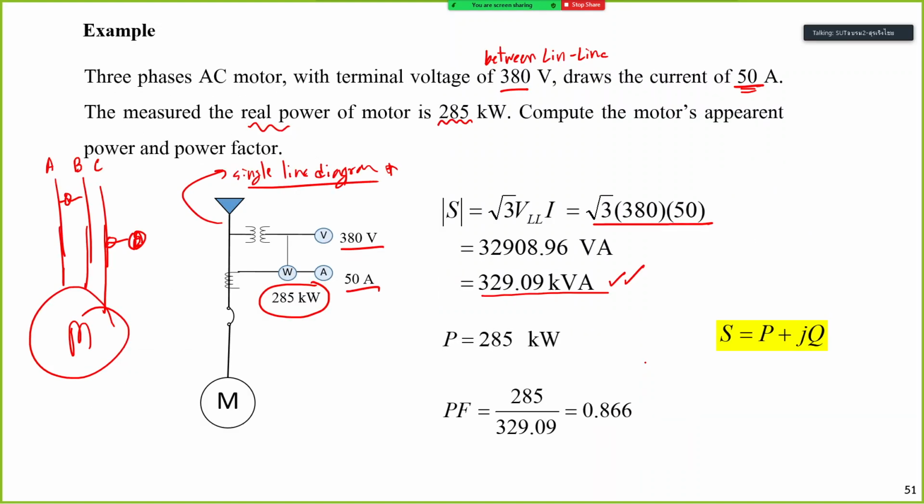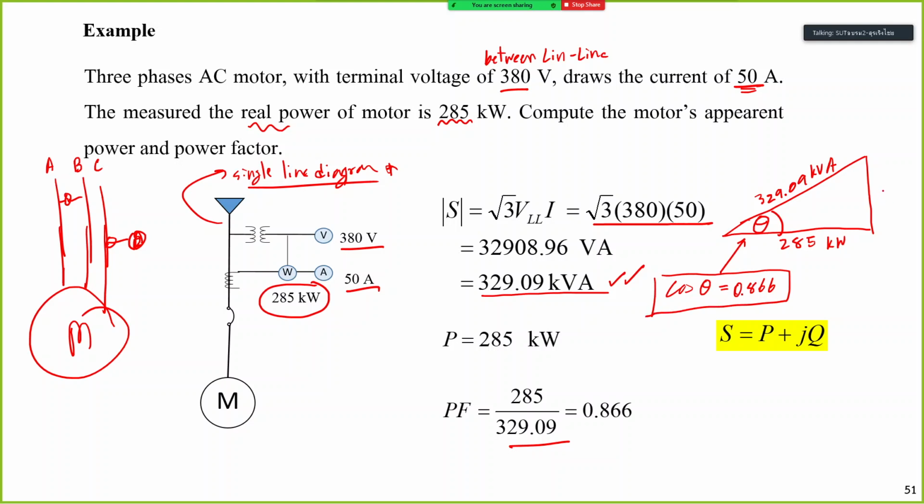In this case, we can compute the reactive power also, right? What we can get from this information is the complex power, or apparent power, is 329.09 kVA, and P is 285 kilowatt, and this is theta with cos theta equal to 0.866 here.